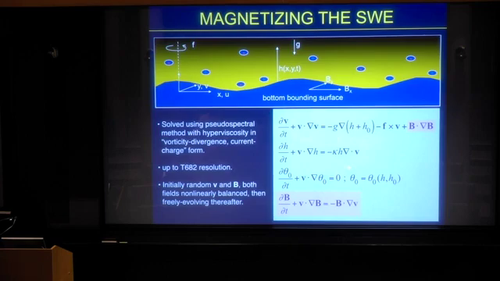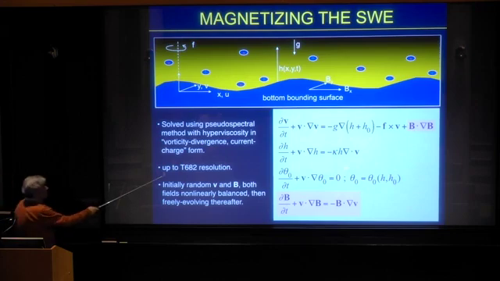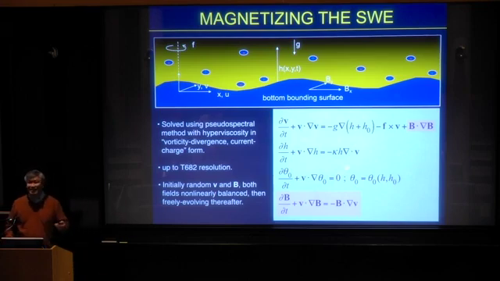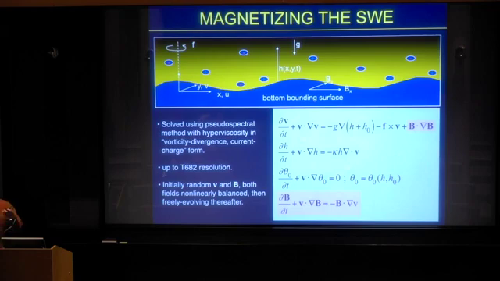Some of the calculations are at a resolution of up to this. There's this T682, which just means there are 682 total and sectoral modes. If you like, it's essentially equivalent to 2,000 by 1,000 longitudinal, latitudinal grid points.